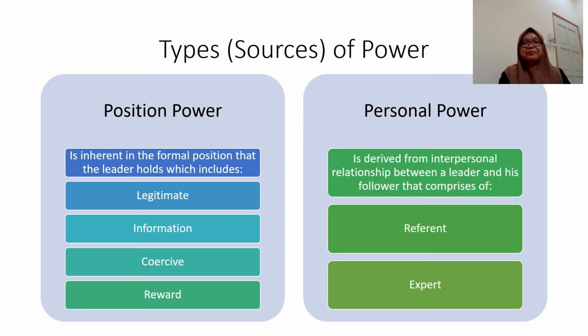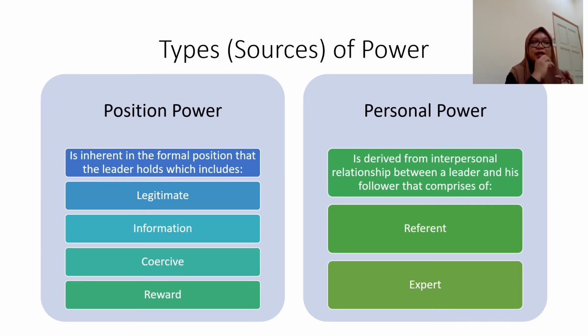Okay. So there are two sources of power, or two types of power. Okay, the first one is position power, and the second one is personal power. Position power is inherent in the formal position that the leader holds. Okay, meaning that we get the power because of our position.